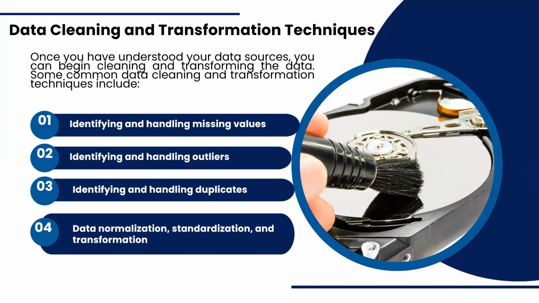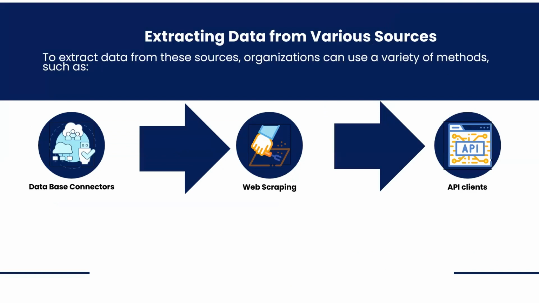Then standardization involves scaling data to a common scale, such as all values being between 0 and 1. Data transformation is the process of converting data from one format to another, such as converting dates from string to datetime format. And these are the main techniques used in data cleaning.